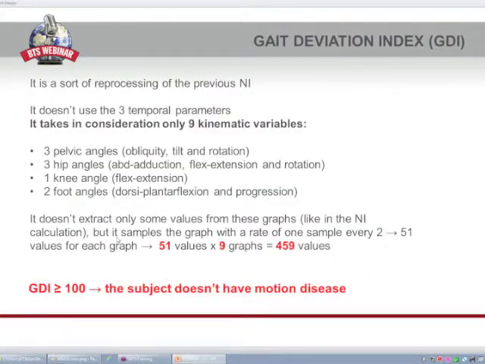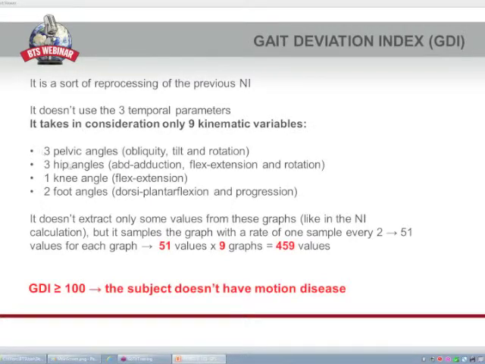The GDI, developed by Schwartz and Rozumalski in 2008, is a sort of reprocessing of the previous Normalcy Index, or GGI. It doesn't use any temporal parameters, but takes into consideration only 9 kinematic variables.